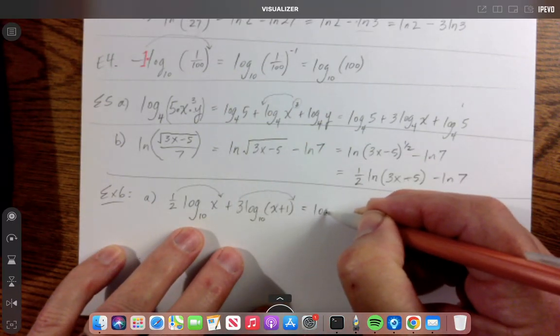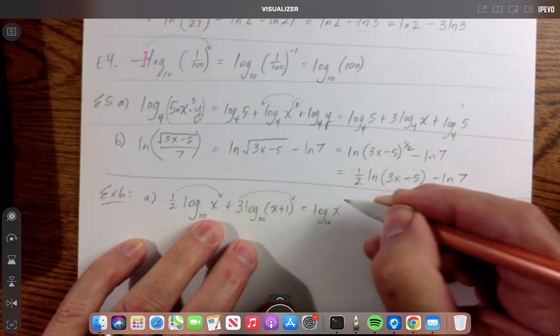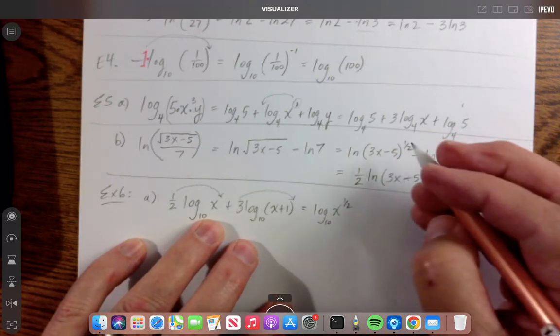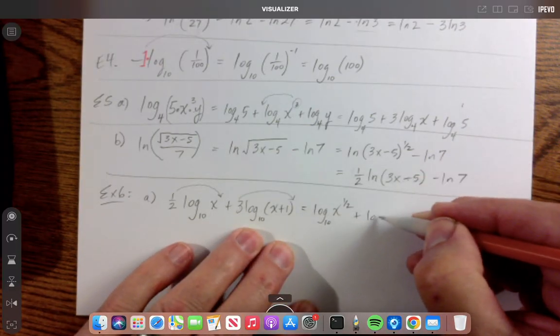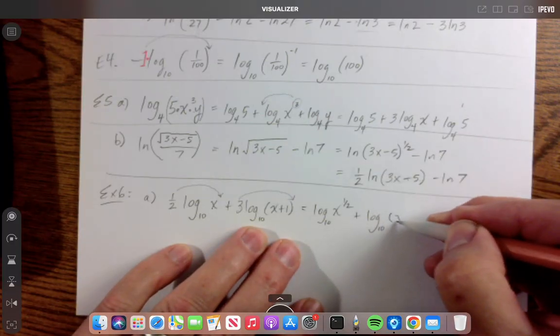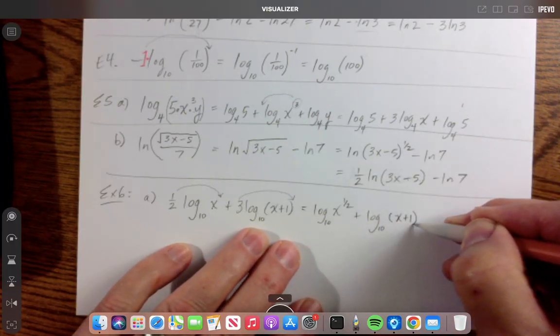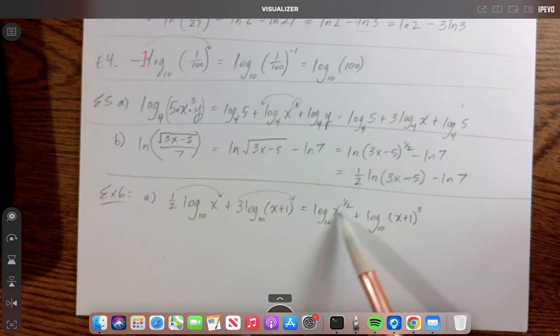So this becomes log base 10 of x to the 1/2 power plus log base 10 of (x plus 1) to the 3rd power. All right, and then x to the 1/2 can be written as the square root of x, which they probably do. Not that you have to, but you can.